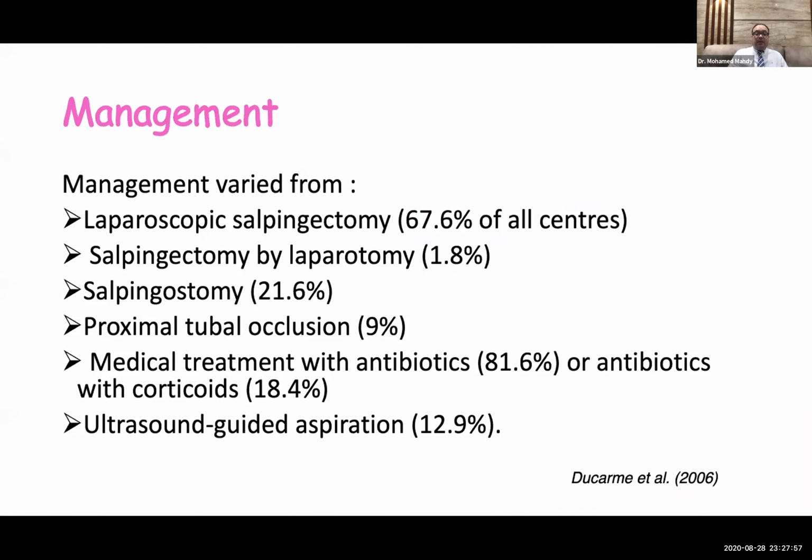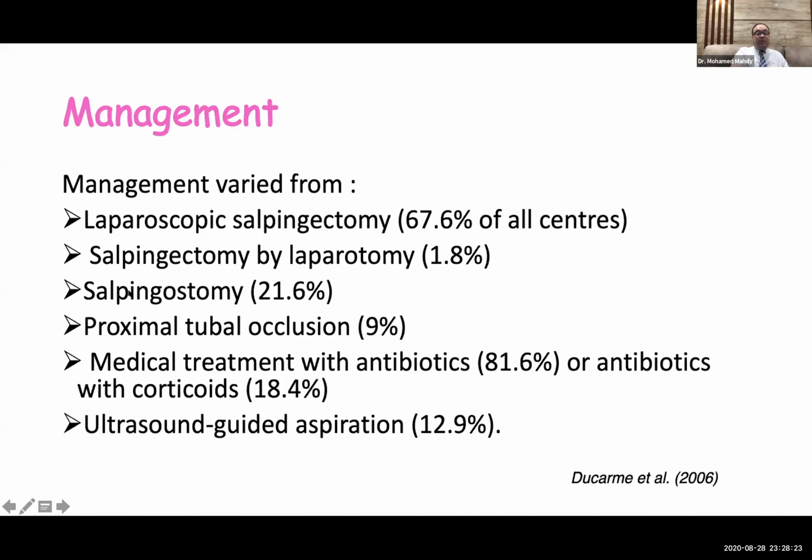A study was done showing management of hydrosalpinx in many ICSI centers in Europe. It showed that about 67% of centers do laparoscopic salpingectomy, and about 1.8% do salpingectomy by laparotomy, not laparoscopy, which is a very minute percentage.